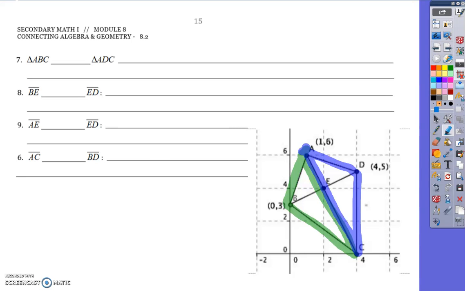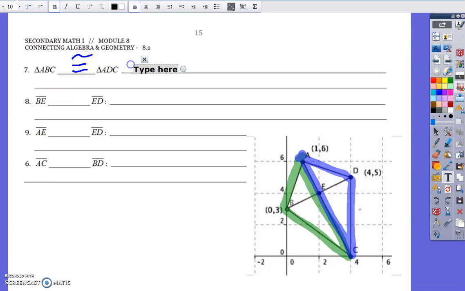I'm going to write congruent here. And I'm going to start typing. Why do I think that?